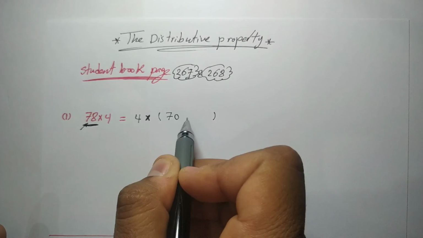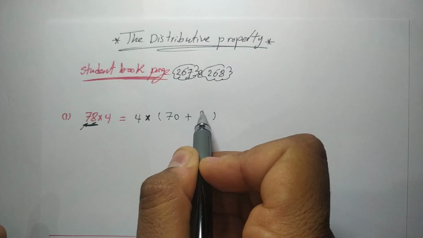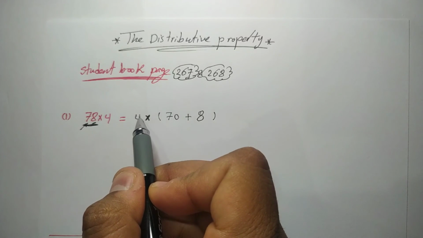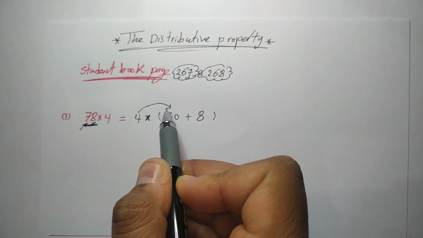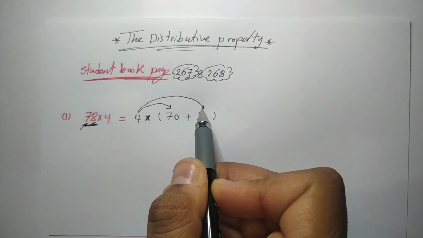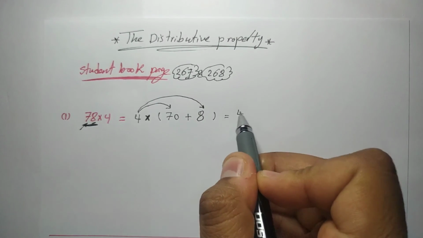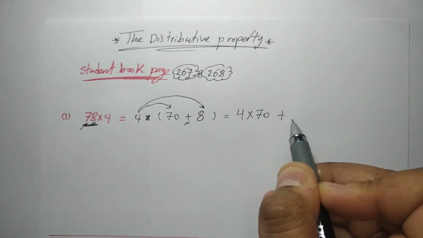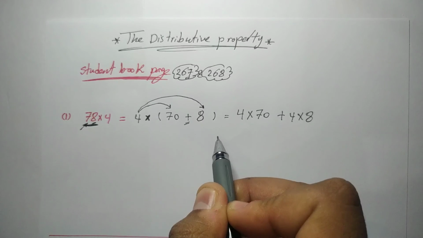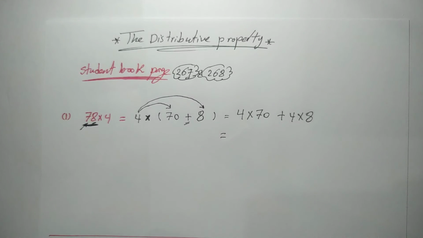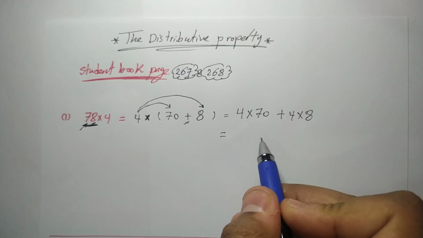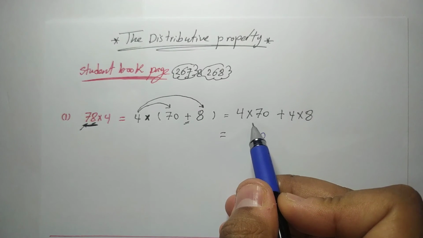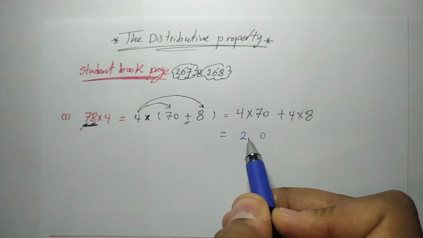It will be 70 plus 8, and start like this. 4 times 70 and 4 times 8. So 4 times 70 plus 4 times 8, and doing multiplication. 4 times 7, drop 0, and 4 times 7, it will be 24.